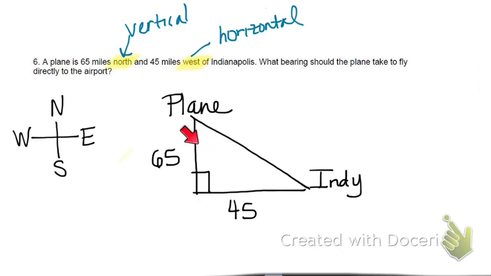So our bearing that we're trying to find is this angle right at the top. So see if you can figure out what that angle is, figuring out what ratio. Are we going to take the inverse sine, inverse cosine, or inverse tangent? Whenever you're looking for an angle, angles are inverses.